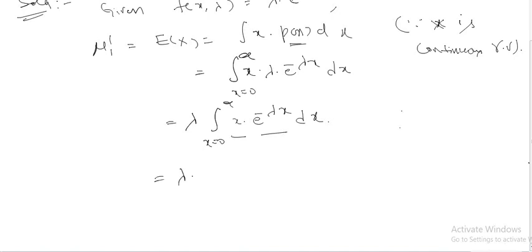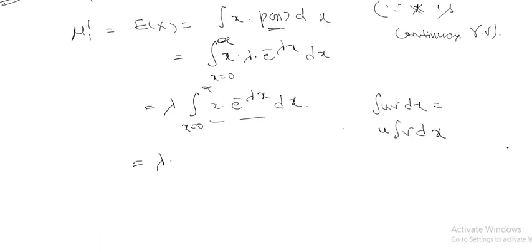So what is the integration of UV dx? U is a function of x, v is a function of x. Then the integration of UV dx equals U into the integration of v dx, minus the integral of d by dx of u times the integration of v dx, whole dx.